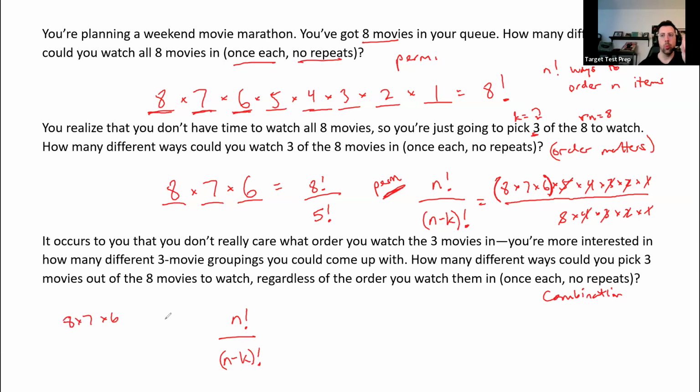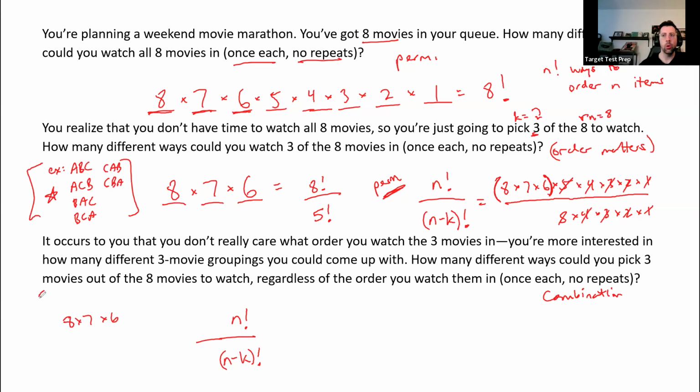But then also, for each of those groupings that we came up with, let's say our 8 movies were A, B, C, D, E, F, G, and H, I guess, that's 8 letters, right? A, B, C, and A, C, B, and B, A, C, and B, C, A, and C, A, B, and C, B, A would all count as 6 different permutations in this example up here.